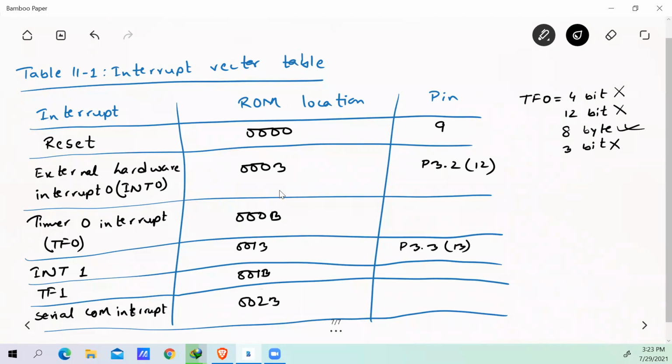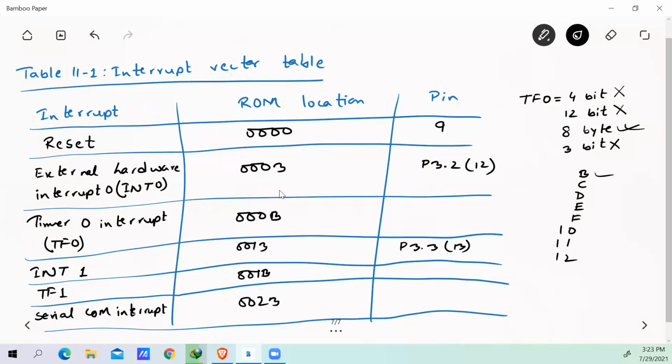It is very simple to understand. You are starting from 000B, right? So we have got B, then what? After B comes C, then D, then E, then keep going. After E comes F, then 10, then 11, then 12.